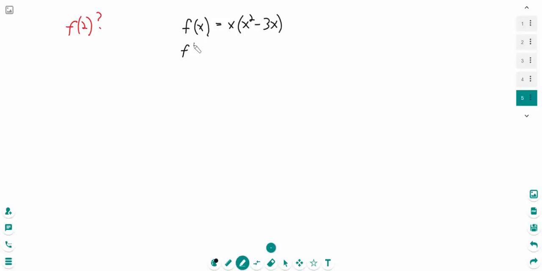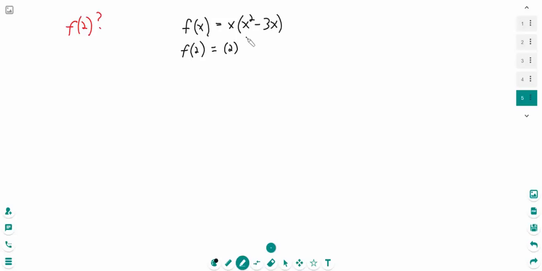So f of 2 is going to be equal to, now it's basically an evaluation problem. We have an x, which we know is a 2. So like when we did evaluation, let's just throw that into a set of parentheses, 2. Again, later down the road, when you get really good at this, you can do it without the parentheses, but let's just practice it with. So we have a 2 for our x.